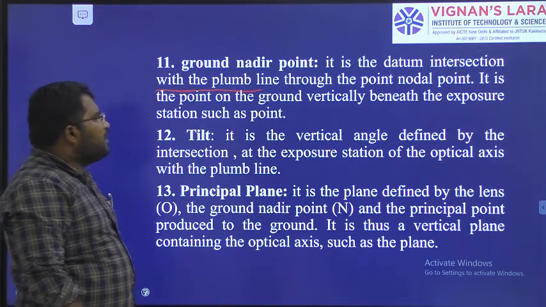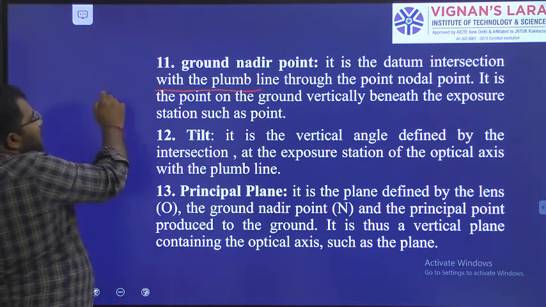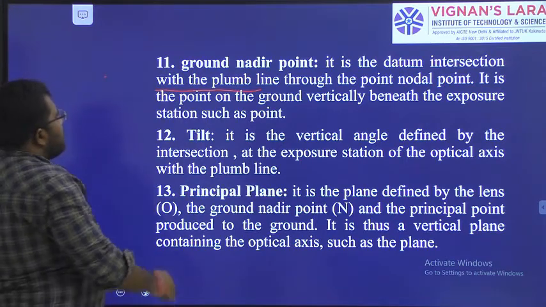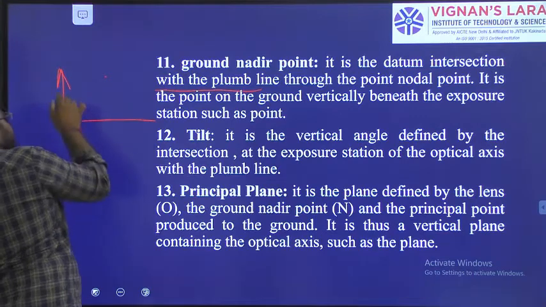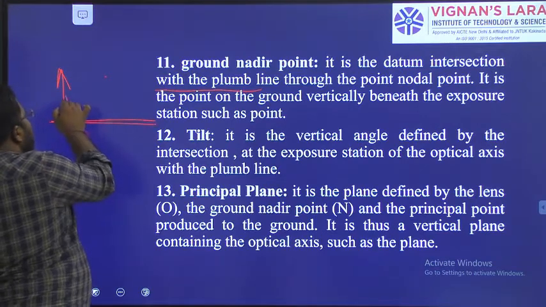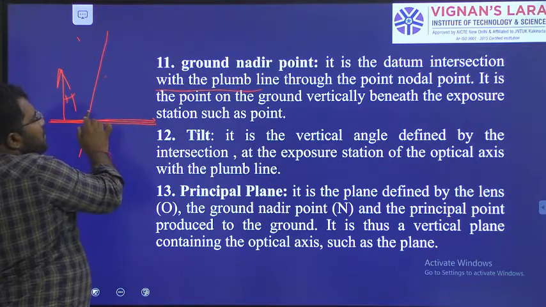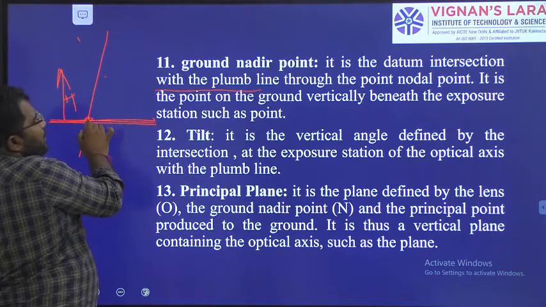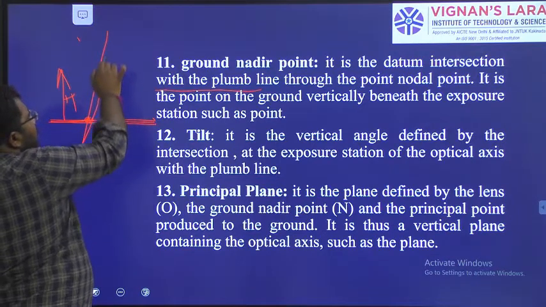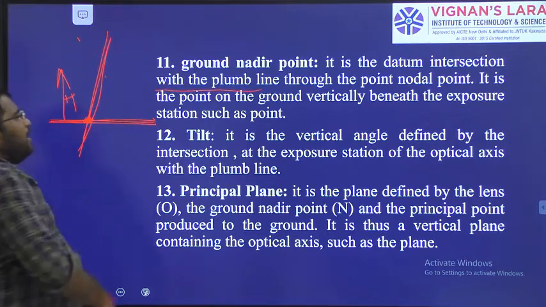It is the point on the ground vertically beneath the exposure station. If you have the flying height and a datum, and a plumb line like this, the point where it meets the datum is the ground nadir point.